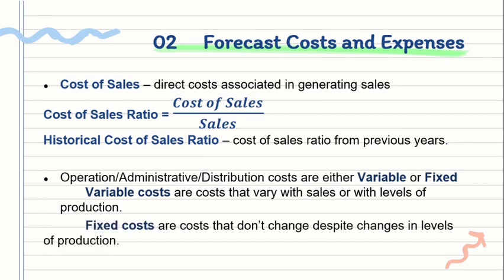Then, on the other hand, fixed costs are costs that don't change despite changes in levels of production. So, ang common example ani is kanang kuryente, sweldo sa workers nato, kay bisan pag pila ang atong sales or pila ang atong need i-produce is fixed naman ang atong bayaran ana.